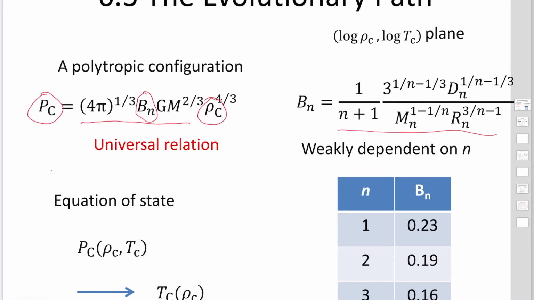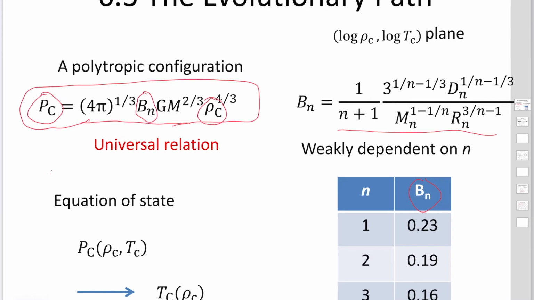But if you calculate this number, B sub n, it's very weakly dependent on n. So B sub n is almost independent of the polytropic index. So we can use this relation between P sub c, the central pressure, and the central density. This is a universal relation.